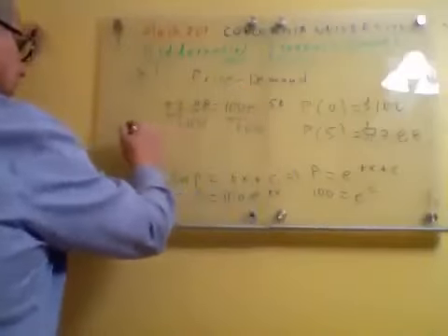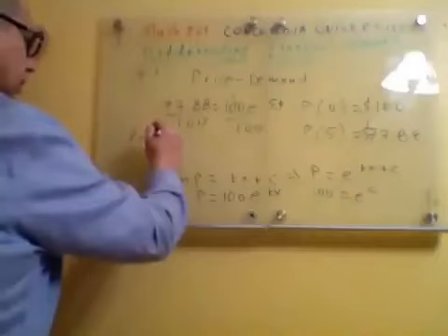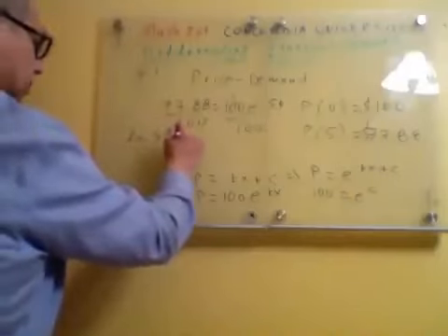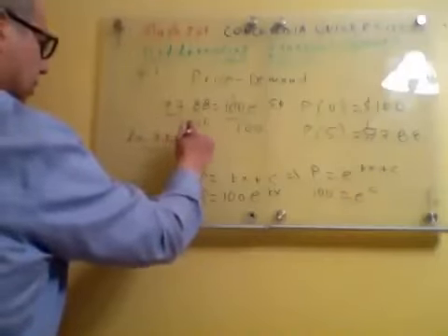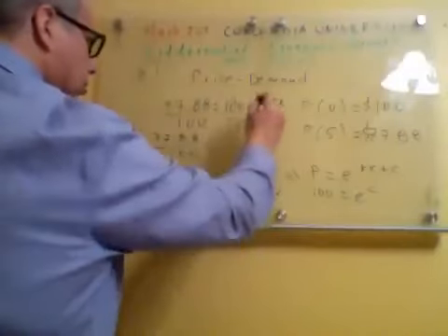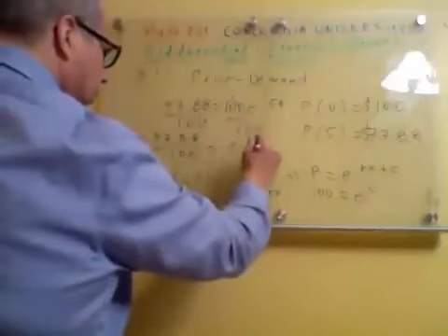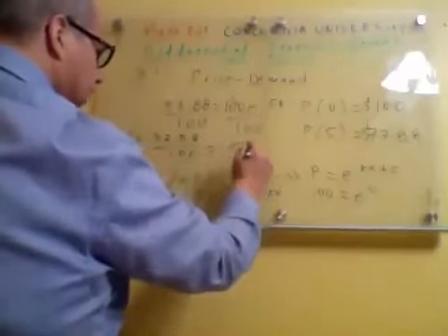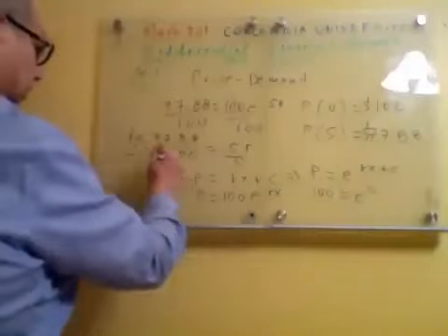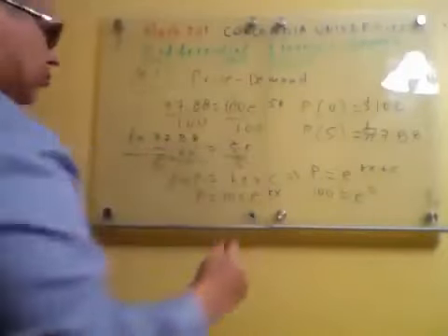So that means that the ln of 77.88 over 100 is equal with ln of this, which is 5k. So if you divide now both sides with 5, that should be your k.